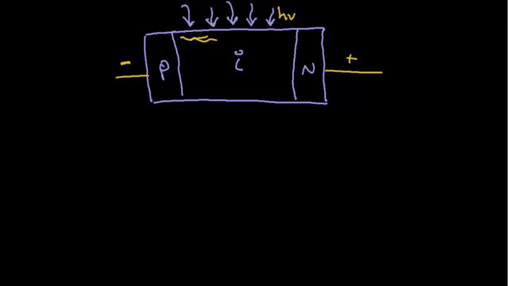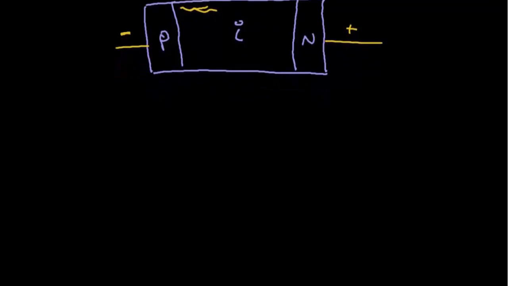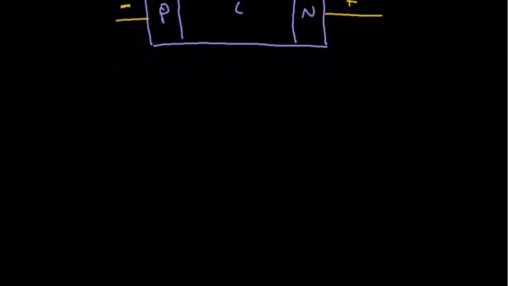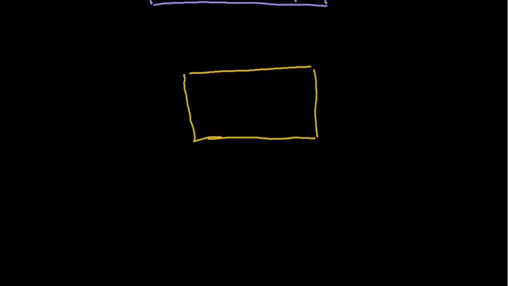Another benefit we will get from the PIN photodiode is the capacity. Of course, we have a capacity in the PN junction. Usually we have capacity, and I will show it to you in here.